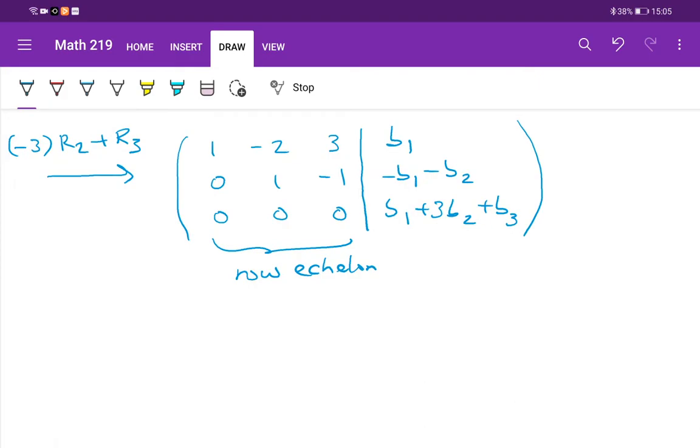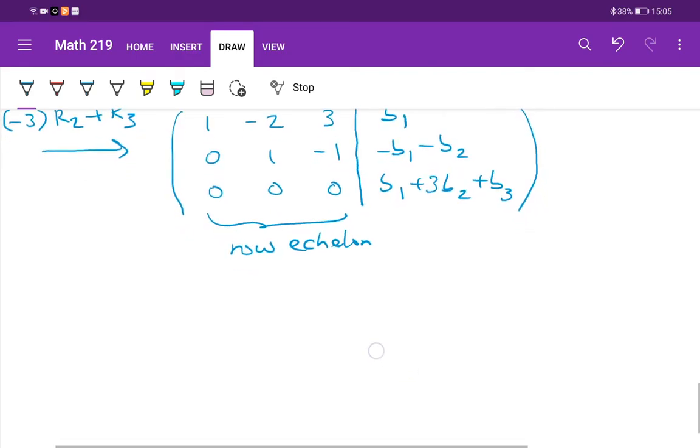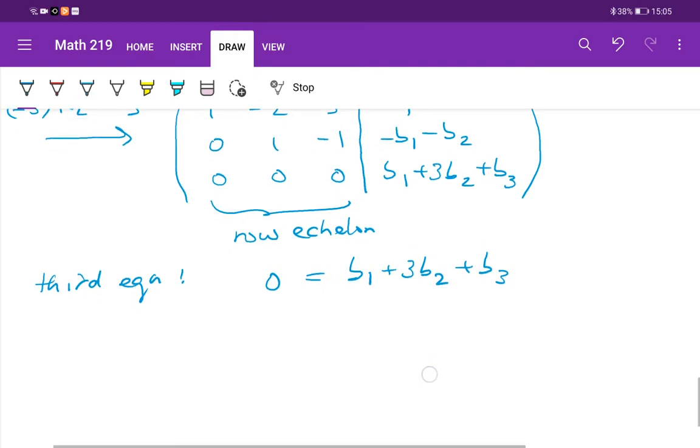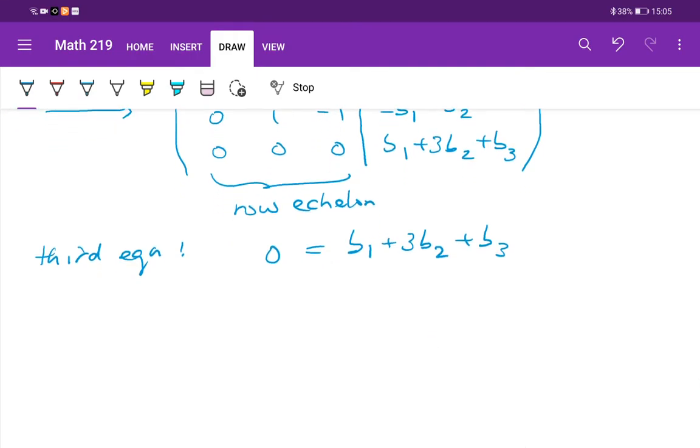Now, if we were to write down the set of equations corresponding to this augmented matrix, our third equation would be 0 on the left-hand side is equal to b1 plus 3b2 plus b3. So it's clear that the system of equations can have no solutions unless b1 plus 3b2 plus b3 is equal to 0.